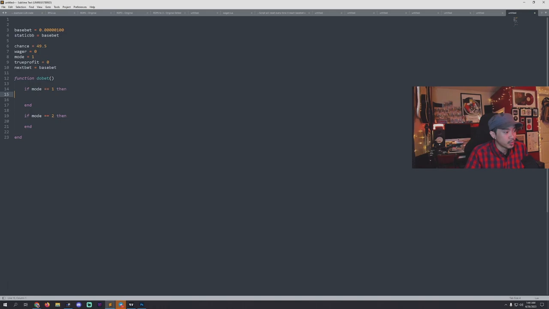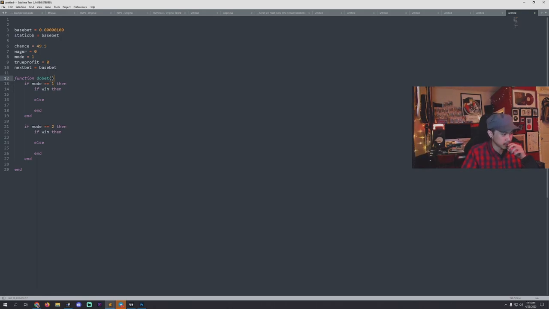Now within mode 1, right? If you win, then do something. Else you lose, do something. Okay? In mode 2, if you win, then do something. Else you lose, do something. Okay? This is sort of like the template of where we're going.